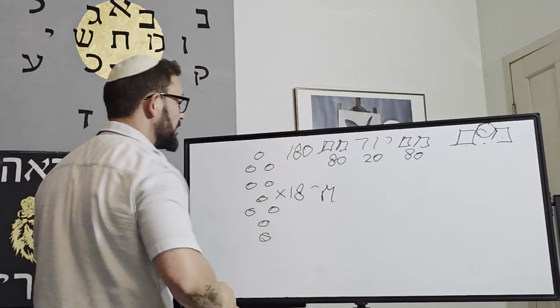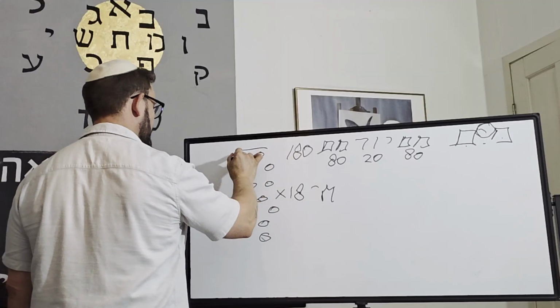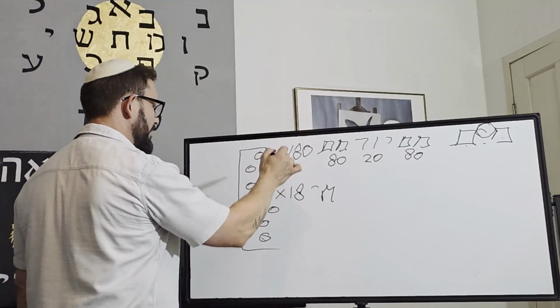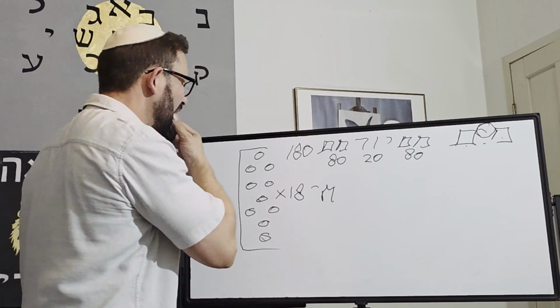Because man is a tree, a man is a tree, right? This is a construct, full tree, and a tree that has life. So 10 times 18, okay, that's found in there.